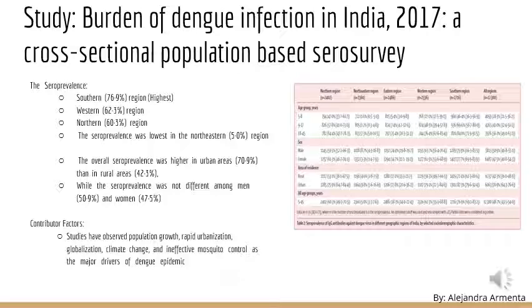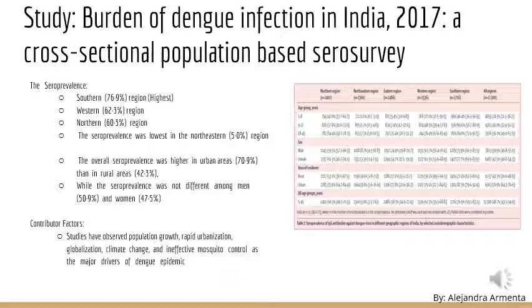The overall seroprevalence was higher in the urban areas with 70.9% than in the rural areas with 42.3%. If you take a look at the men and women differences, the men scored 50.9% and the women scored 47.5%, which means that the seroprevalence was not very different among men and women.